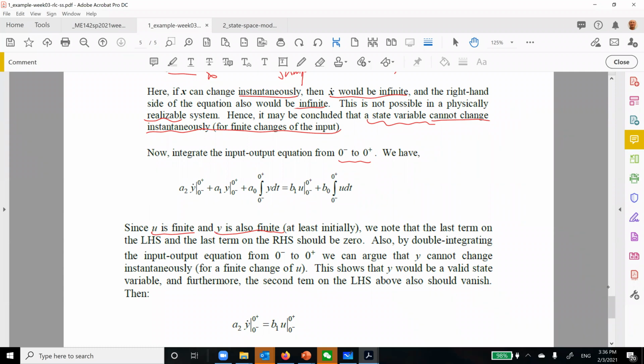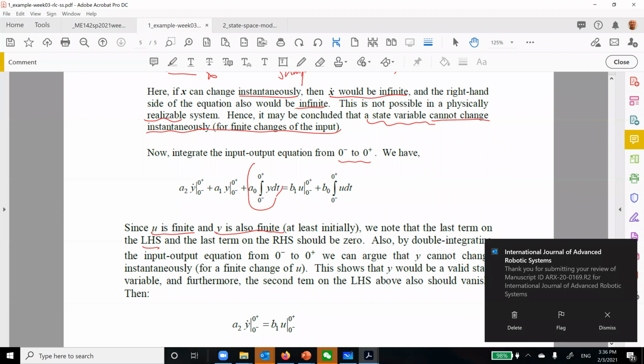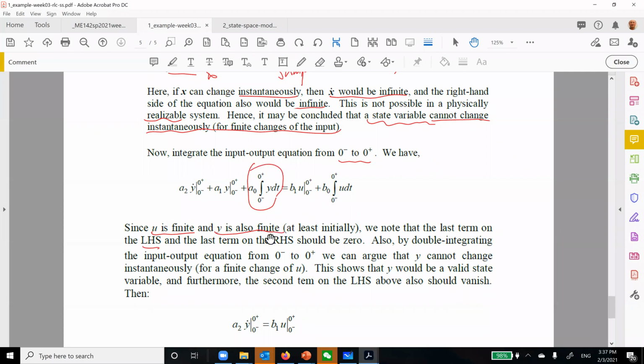So the last term on the left-hand side, LHS means left-hand side, and the last term on the right-hand side, because y and u are finite, therefore that integration should be 0.